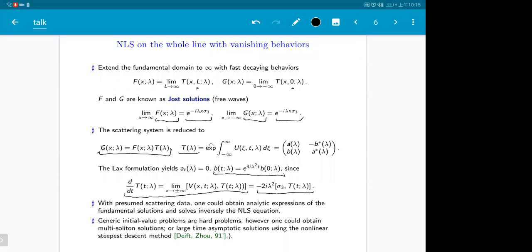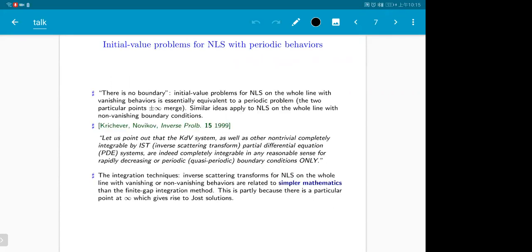So that's the picture for the periodic problem and the problem on the whole line. These two problems have a common feature: there's actually no boundary, because if you think of the space variable defined either on the circle or on the whole axis, there's no boundary.